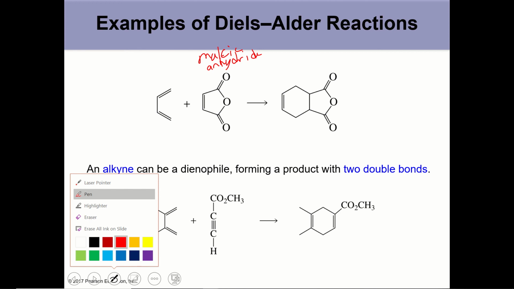As long as there's 1 carbon-carbon pi bond, it can be a dienophile. And even an alkyne can be a dienophile. It doesn't matter if it has 2 pi bonds between the same 2 carbons, as long as it's not a diene and it has 1 pi bond within the molecule.